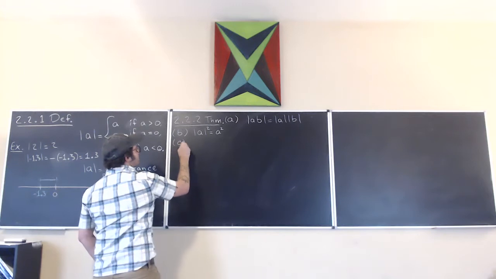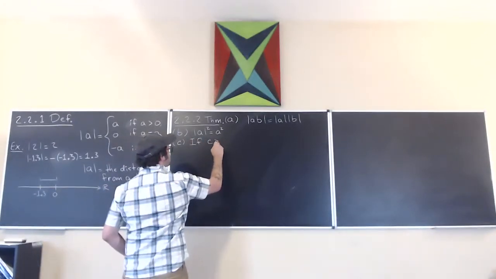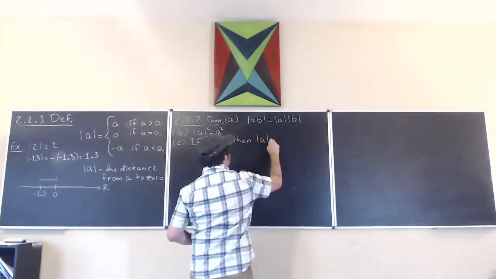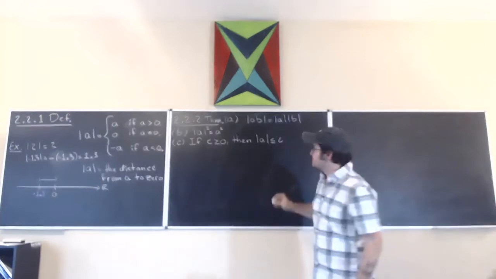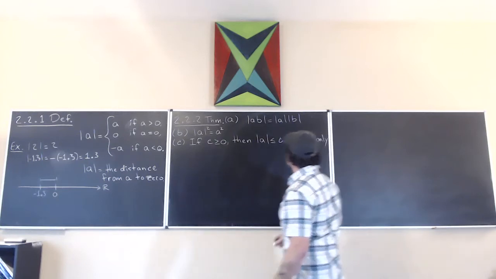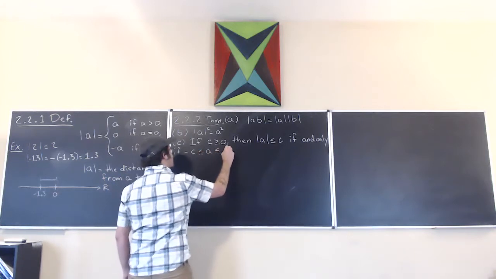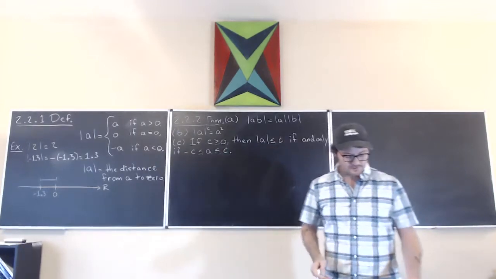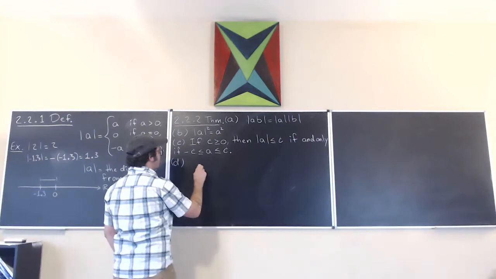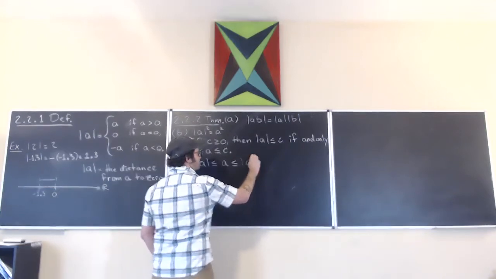For part C, we have that if C is a number greater than or equal to 0, then the absolute value of A is at most C if and only if, by conditional statement, negative C is less than or equal to A, which is less than or equal to C. And then finally, part D, we have that negative absolute value of A is less than or equal to A, which is less than or equal to the absolute value of A.